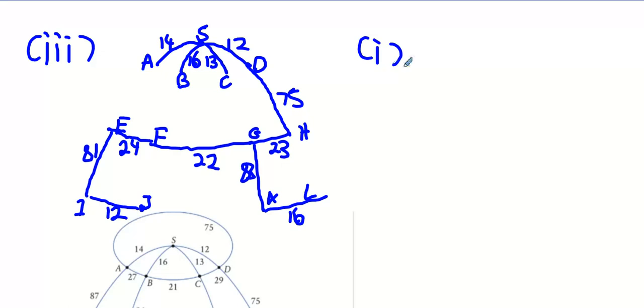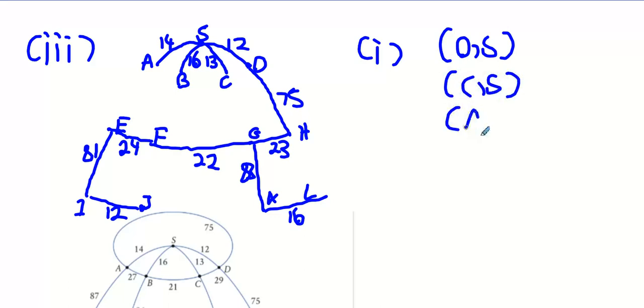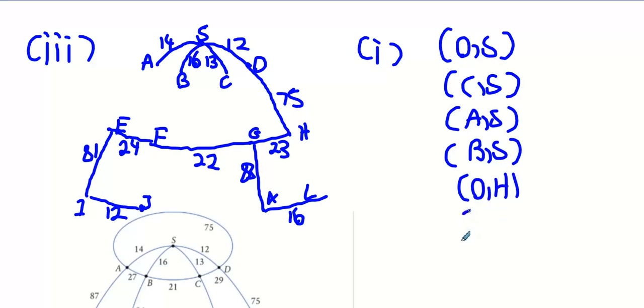What did we say first again? DS. Okay. After that, we said CS. After that, AS. After that, BS. Then we said DH. Then we said GH. Then we said GF or FG.